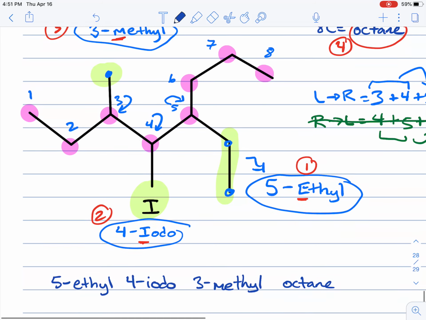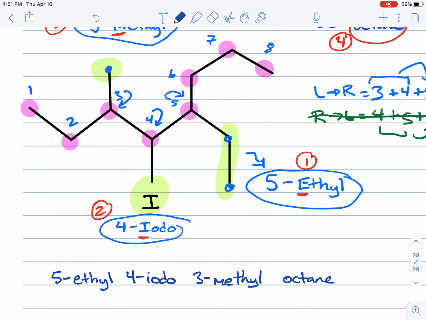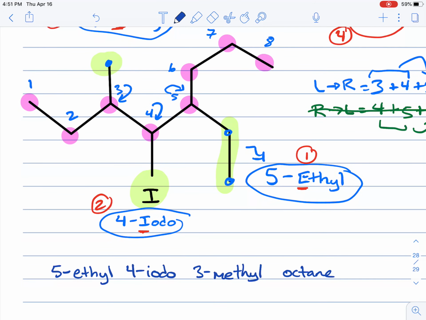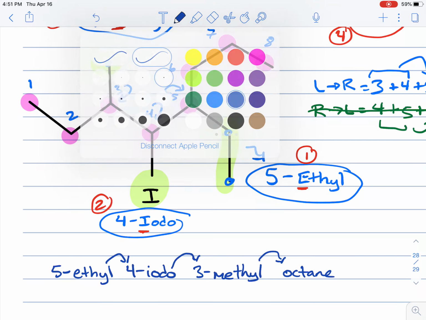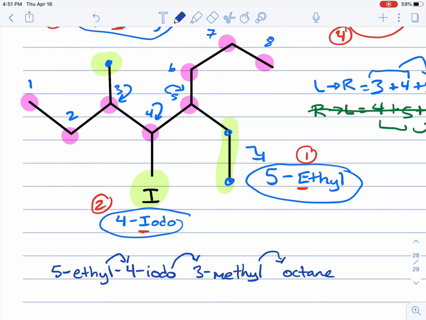So before we call it a day for this specific problem, we're going to make sure that our dashes and commas and spaces are correct. Once again, we're going from letter to number, letter to number, letter to letter. If I want to go from letter to number, I need to put a dash.